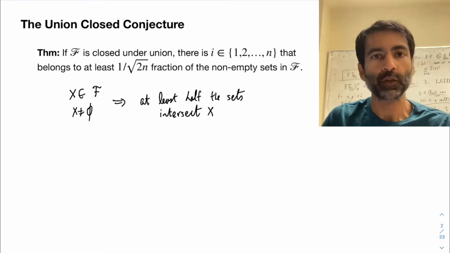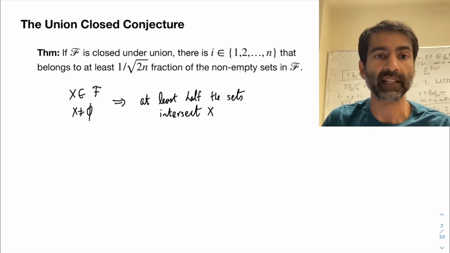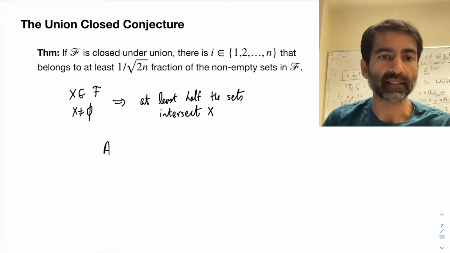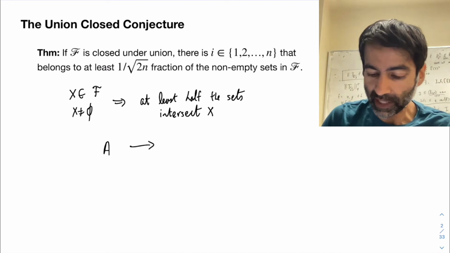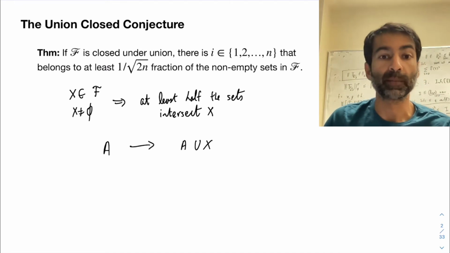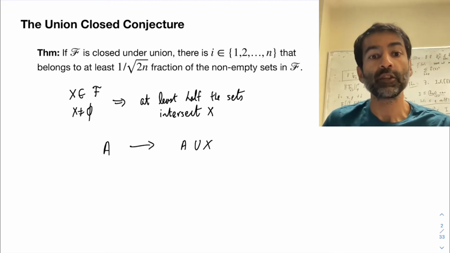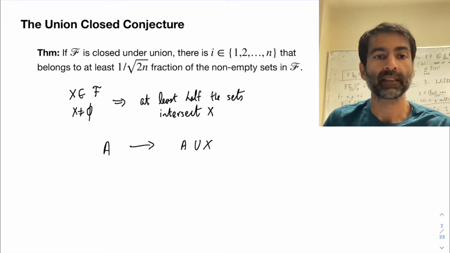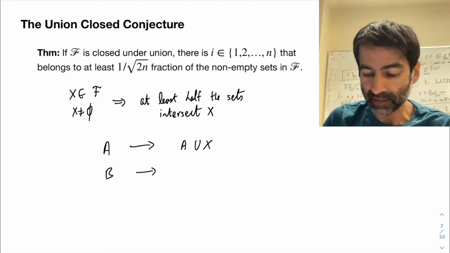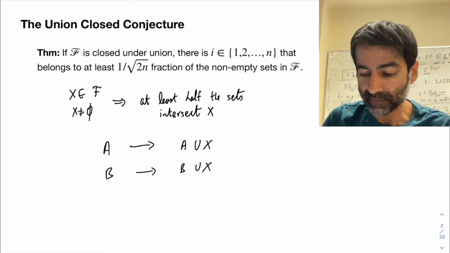Well, imagine that you have a set in the family that does not intersect x, so it's disjoint from x, and let's call that set A. Then you can associate to A the set A union x, which must also belong to the family because the family is union closed. And A union x does intersect x. And if you have another set B that's disjoint from x, you can associate that to B union x.